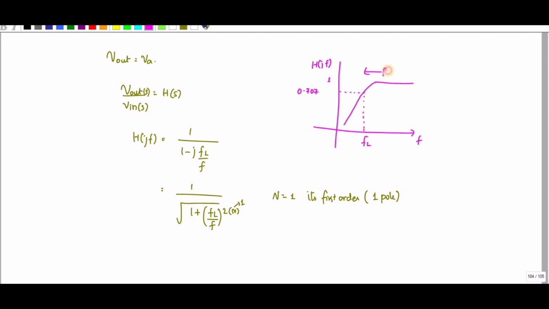Up to this point it is called the pass band, and after that it is called the stop band. Since it is a first order, the roll-off value is minus 20 dB per decade.